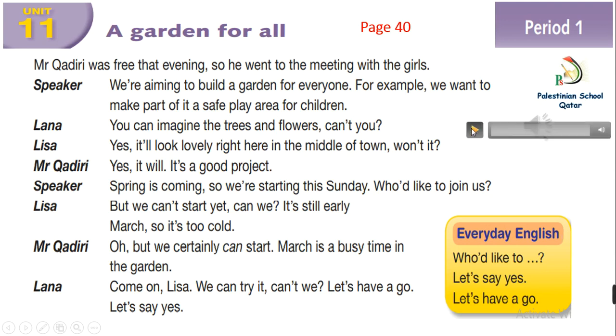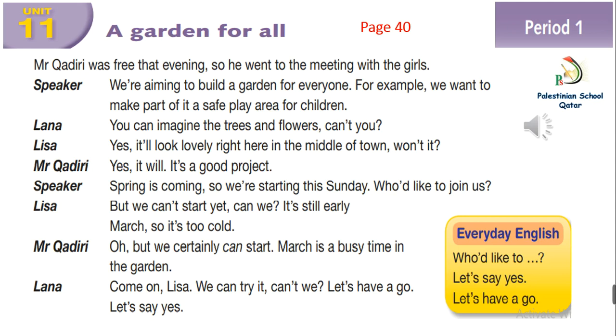Again, let's continue. Mr. Kadiri was free that evening, so he went to the meeting with the girls. We're aiming to build a garden for everyone. For example, we want to make part of it a safe play area for children. You can imagine the trees and flowers, can't you? Yes, it'll look lovely right here in the middle of town, won't it? Yes, it will. It's a good project.